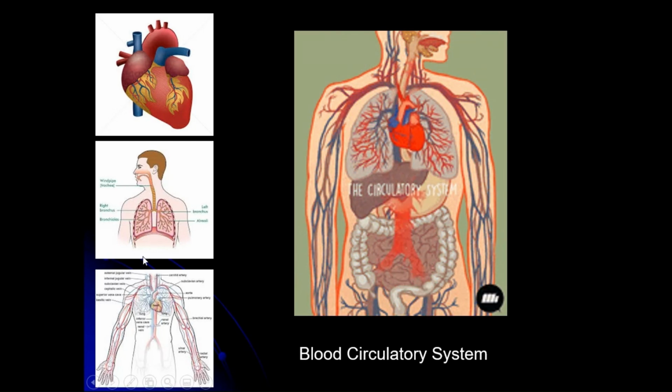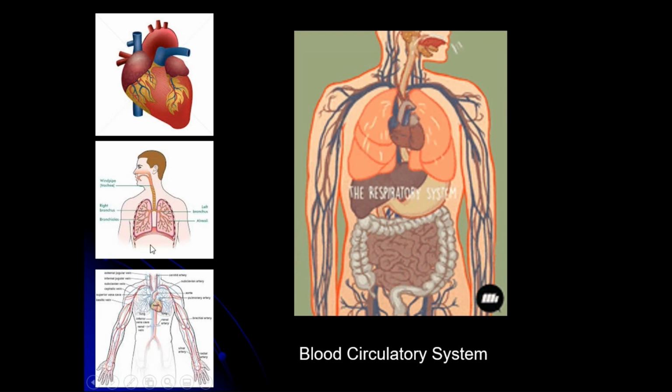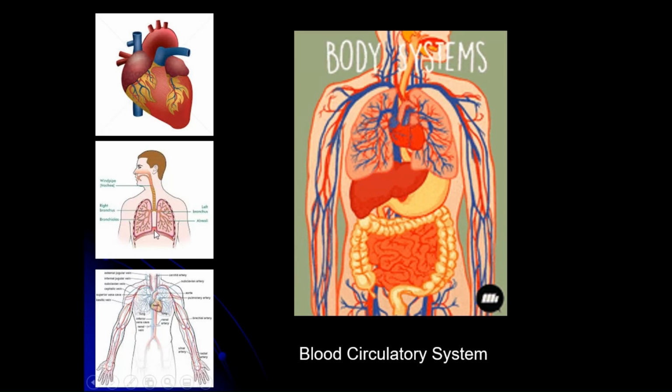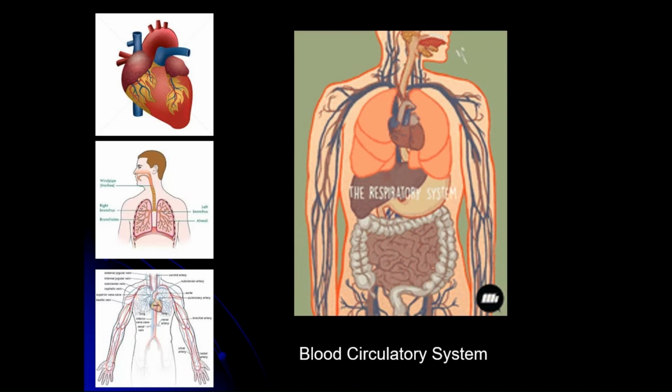And the objective is to circulate oxygenated blood throughout the body. So what the lungs do is take the carbon dioxide from your blood and release it to the external environment, and take oxygen from the external environment and add that to the blood so that it enables the circulation of oxygenated blood throughout the body.